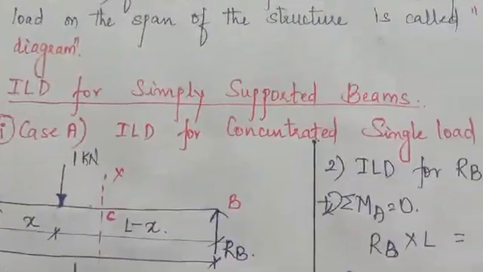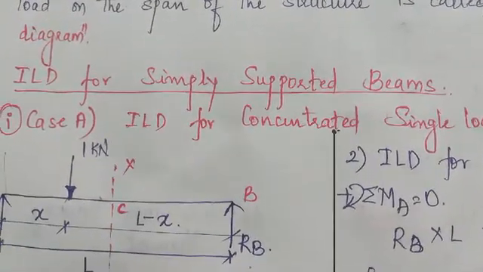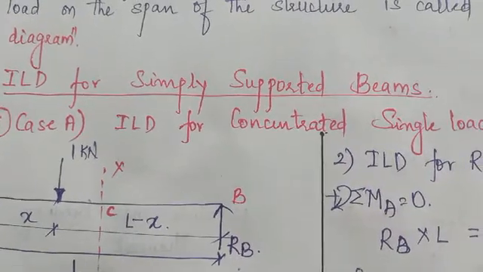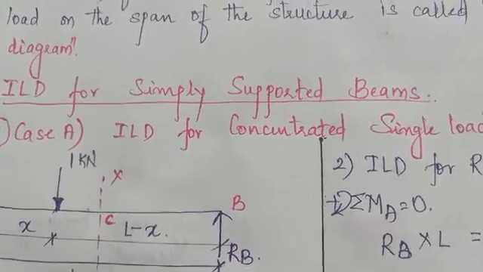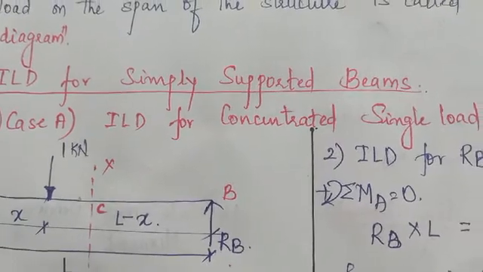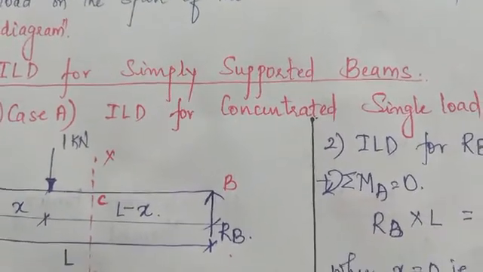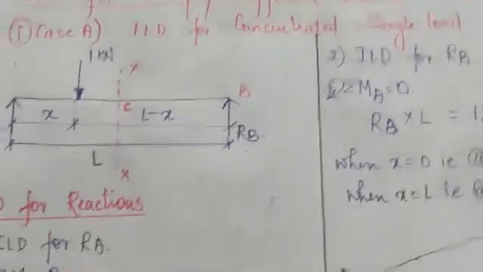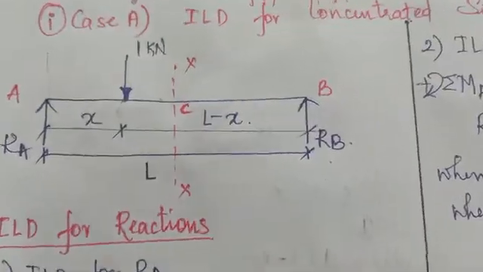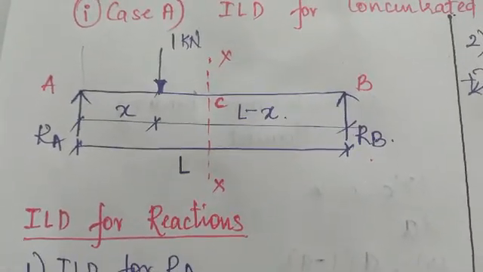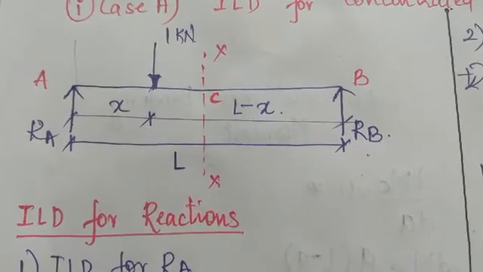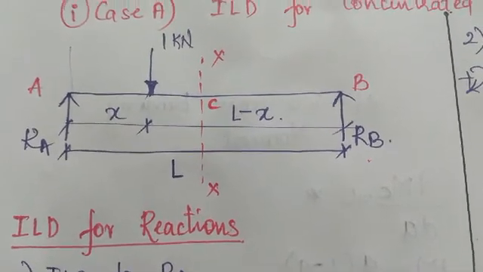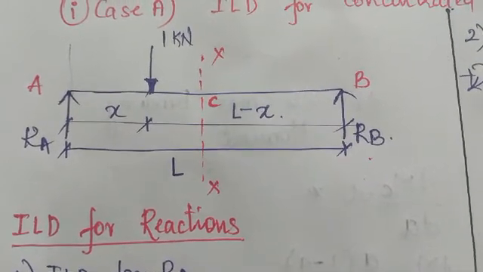So in this class we will be doing influence line diagram for simply supported beams. In that, the first case I am going to take is for a concentrated single load, that is nothing but your point load. Now consider a simply supported beam AB, and we are having a unit load.